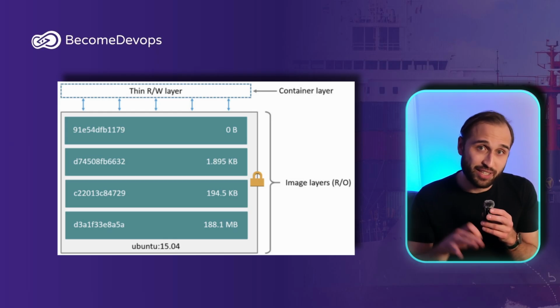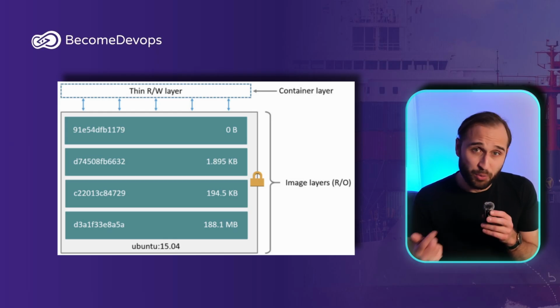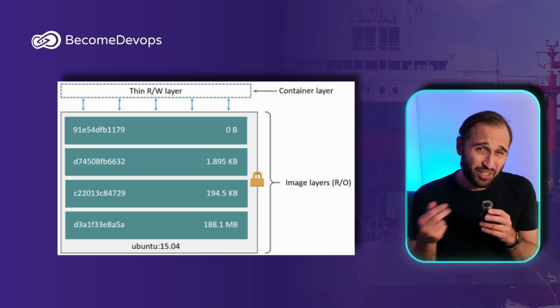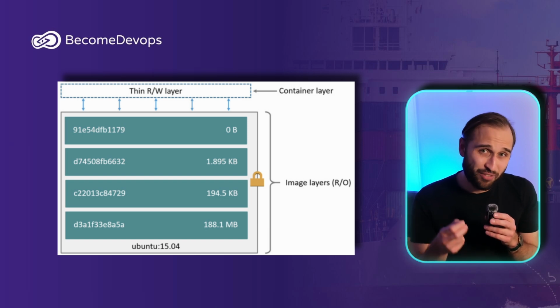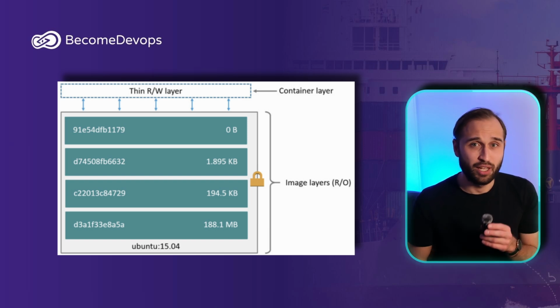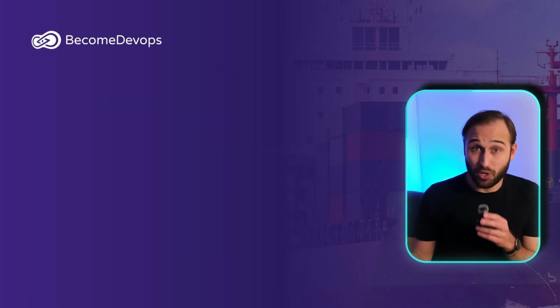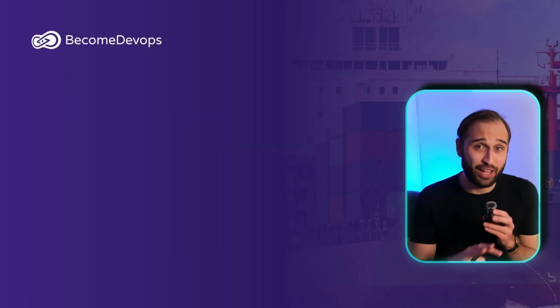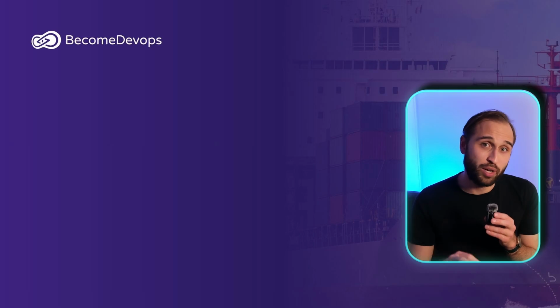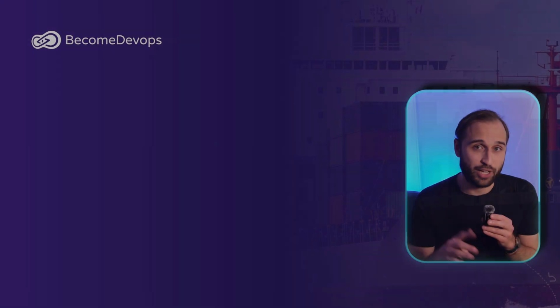This of course makes it easy to reuse images, roll back to the previous version, and distribute a consistent environment across development, testing, and production. But for this video, let's just keep it simple and enjoyable when we talk about base image selection.